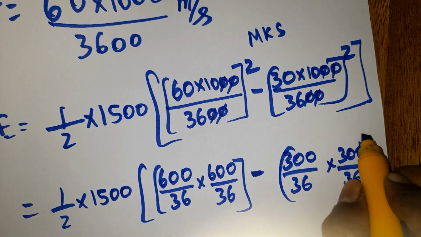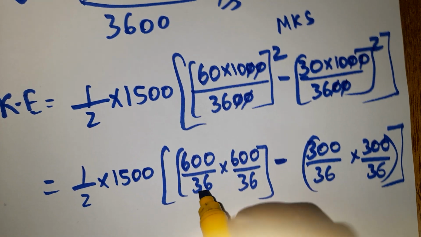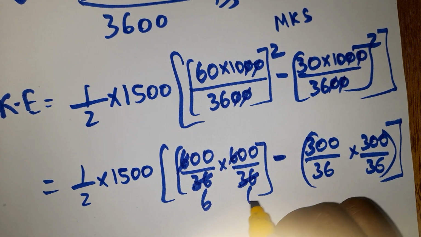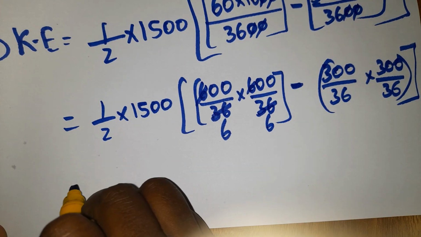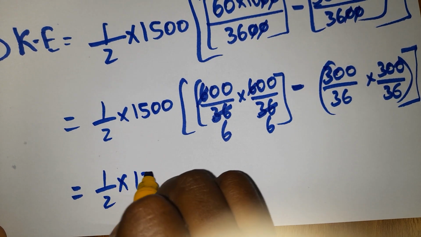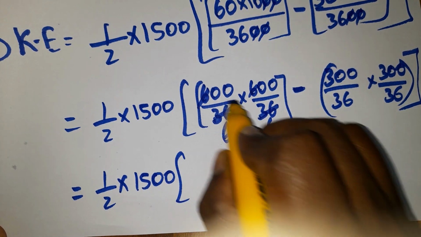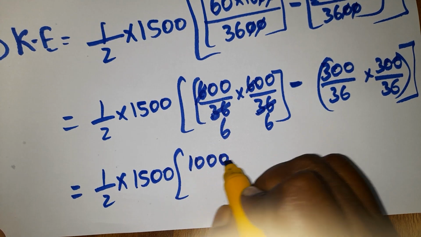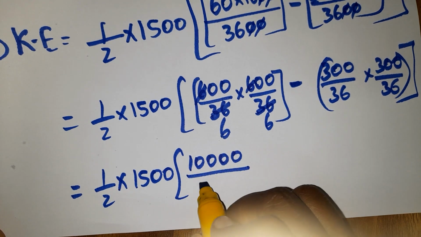Now if you want, you can cancel by 6 tables. This is going to be 6 times, this is going to be 6 times: 100 divided by 6, 100 divided by 6. This is going to be 100 into 100, that is 10,000, over 6 into 6, 36.